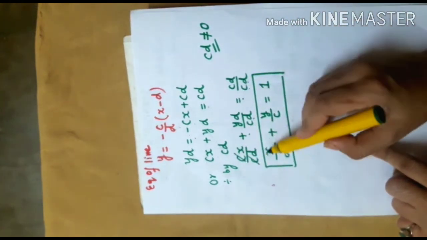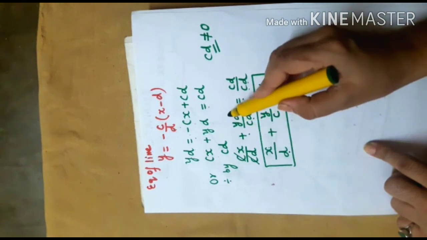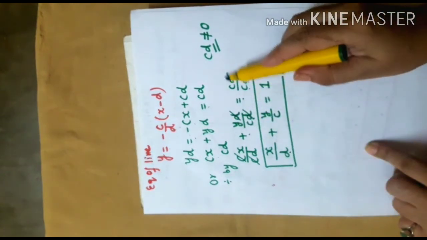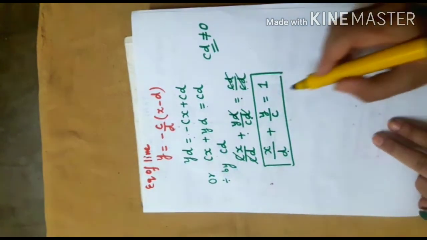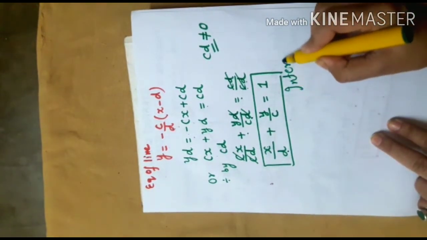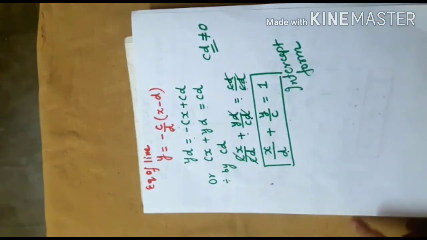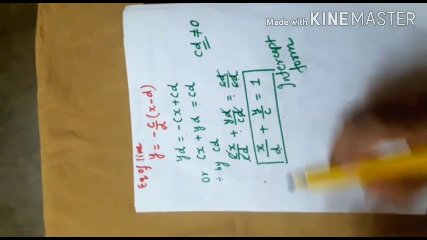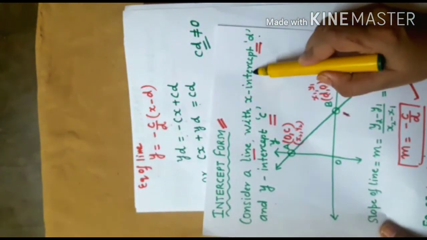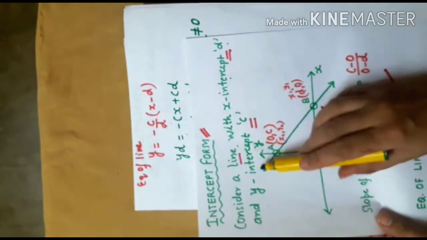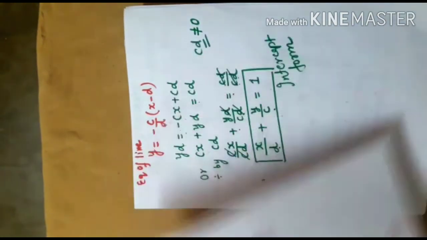This will get cancelled out, so I'll get x over d. This will get cancelled out, I'll get y over c, and this will be equal to 1. This is called the intercept form. What was d? d was the x-intercept. And what was c? c was the y-intercept.